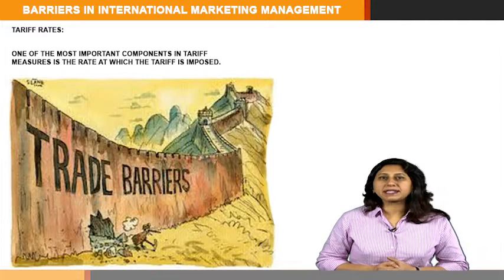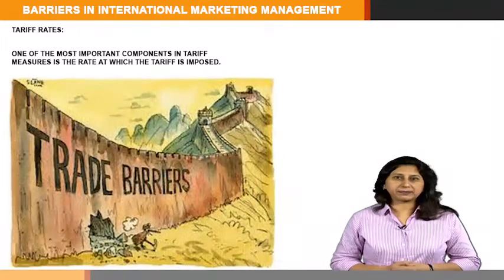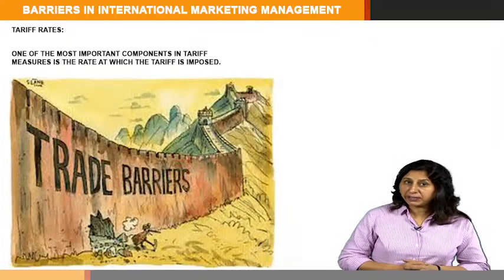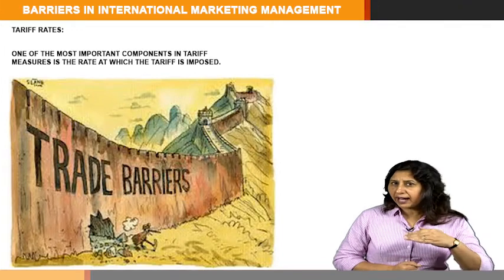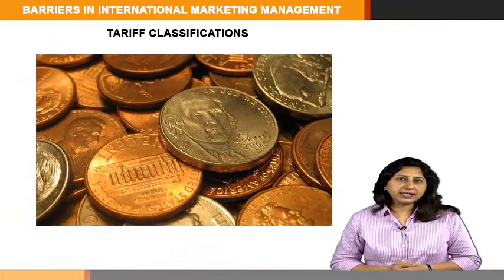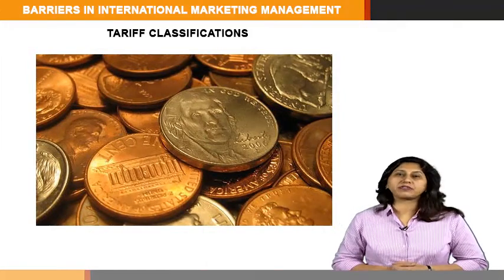The GATT has been successful in encouraging mutual reduction of these rates. Since the conclusion of the Uruguay Round, there have been further efforts to reduce tariffs in specific sectors. Like tariff rates, tariff classifications represent one of the basic components of the tariff system.